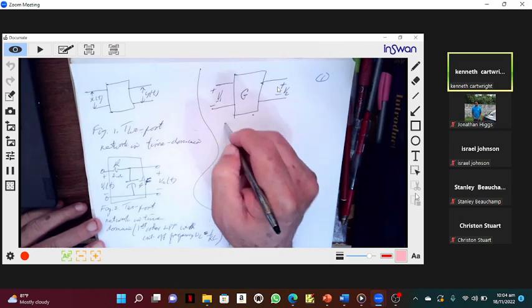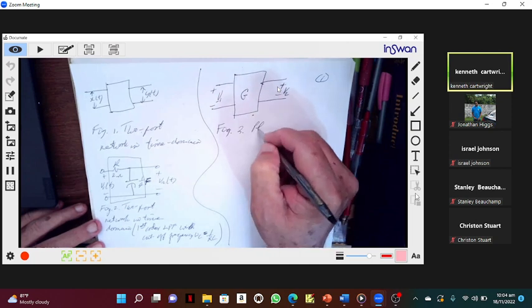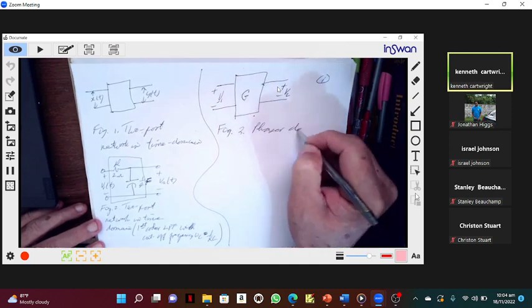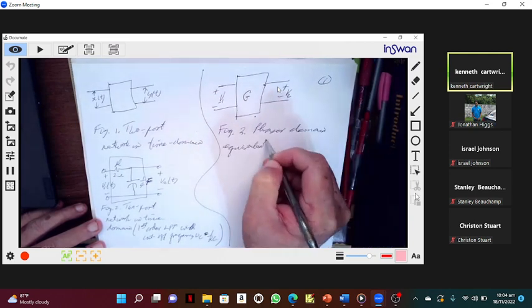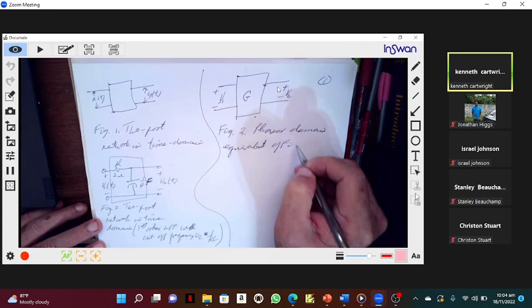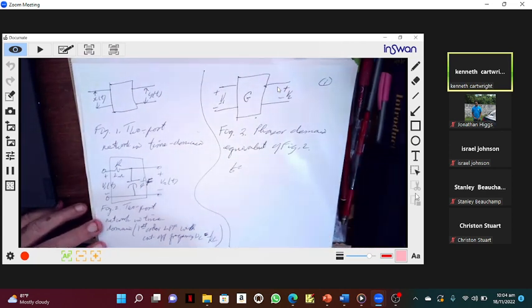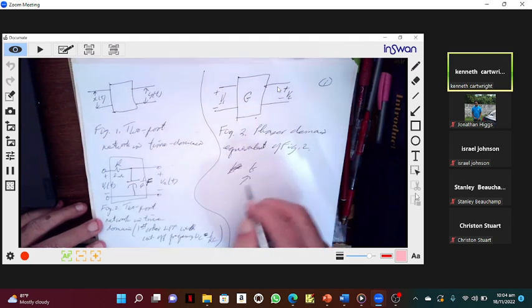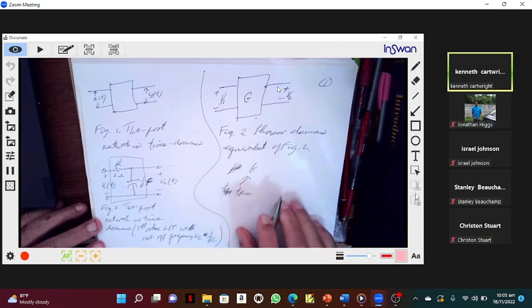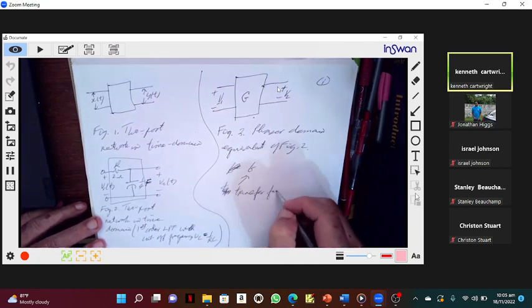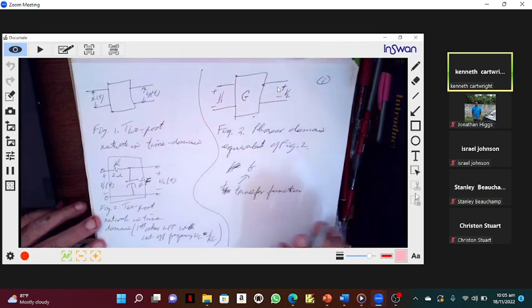So this is figure 3. This is the phasor domain equivalent of figure 2. And G was what? What was the transfer function?